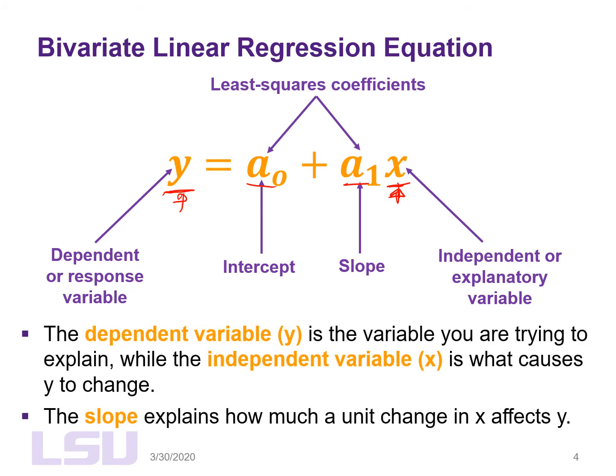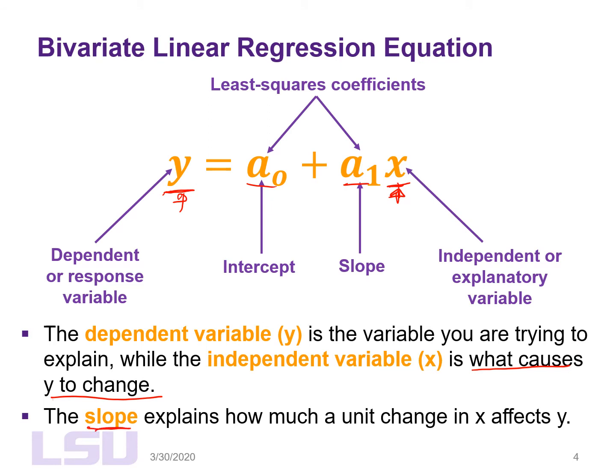And there are some definitions here which I already went through. The variable that is changing is your y, the variable you're trying to explain, whereas the independent variable is the one driving the change in the response variable. So that's what causes y to change. It's independent, but y is dependent on that.